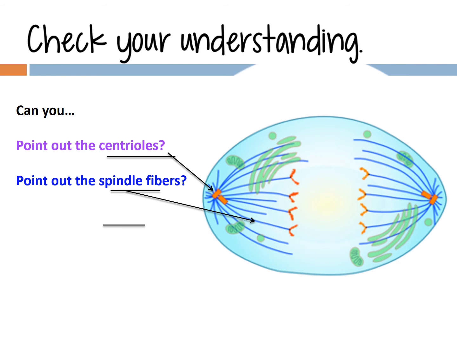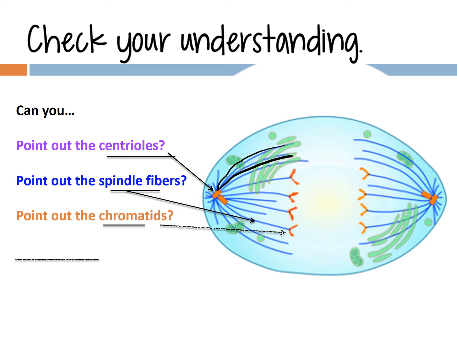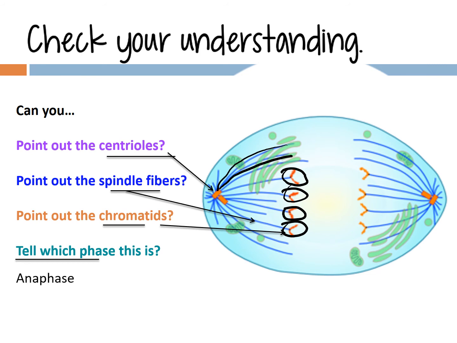All of this blue, these blue, those are your spindle fibers. What about the chromatids? Any of these guys. 1, 2, 3, 4 times 2. These guys over here. And what phase is that? If you said anaphase, you are correct.